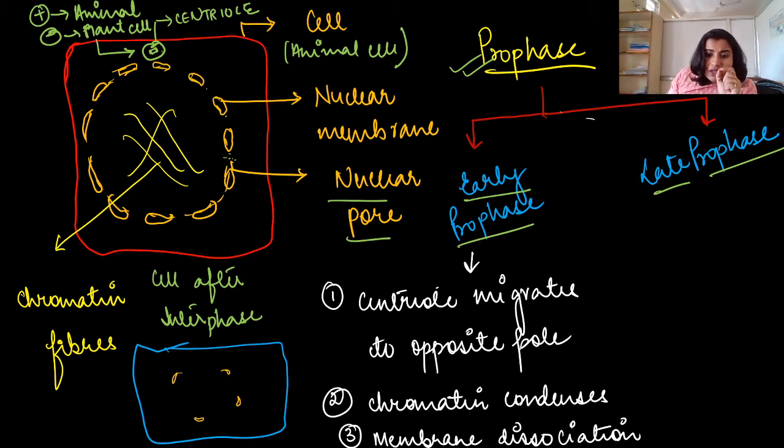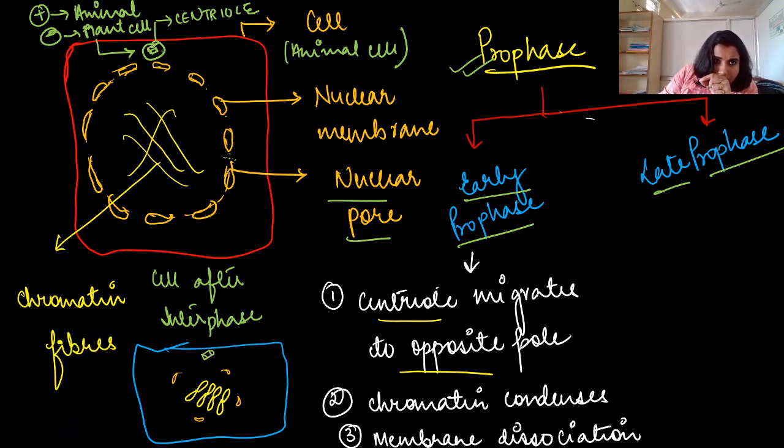Now chromatin condenses. So this thin thread-like structure, we call it chromatin. This condenses, and after condensation the cell will look like this. It will increase in size, condensation, right? Then centriole migrates to the opposite pole. Here one centriole is present, right?